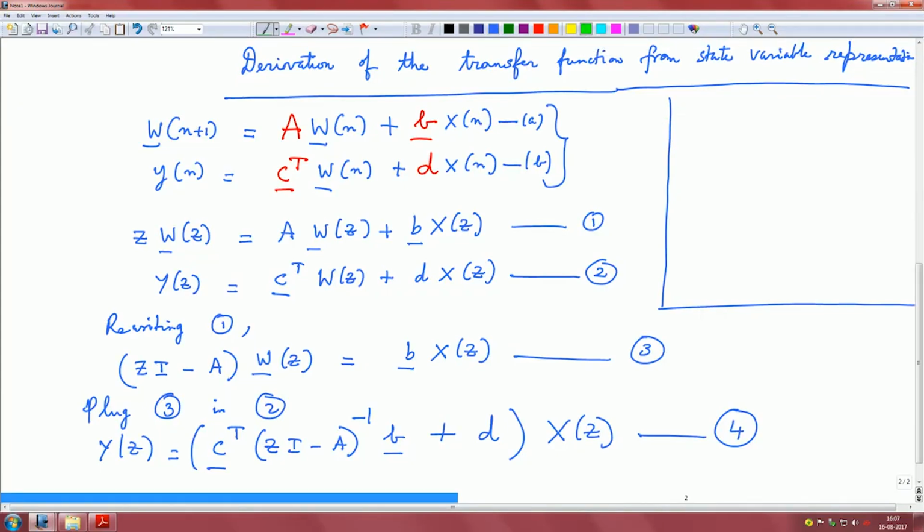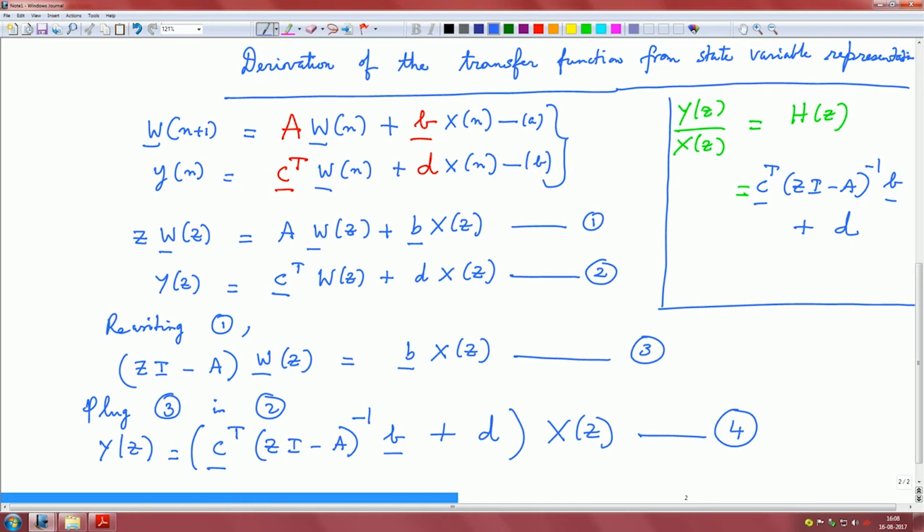Basically we say Y of z by x of z is equal to H of z, and this is given by C transpose into ZI minus A inverse B plus D. So this is the familiar form that most of you might be used to for the transfer function of the state variable representation.